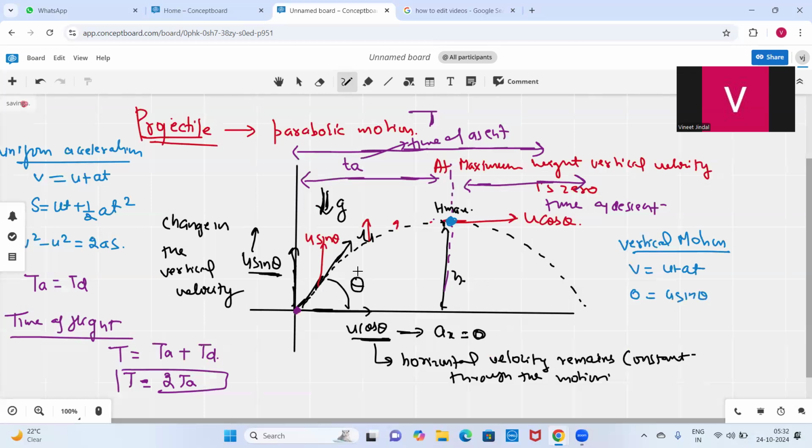And as it is going against the acceleration, because acceleration is acting downwards but we are going upwards, this is going to be minus g times time of ascent. So time of ascent comes out to be equal to u sin theta divided by g. According to this, time of flight is double the time of ascent, which is 2u sin theta divided by g. This is the expression of time of flight.